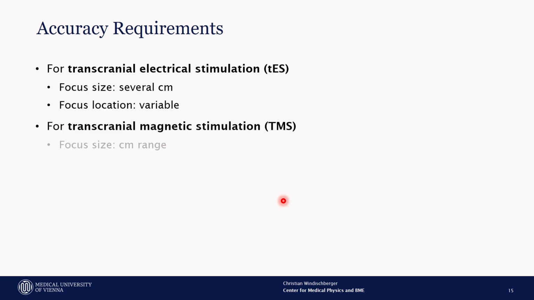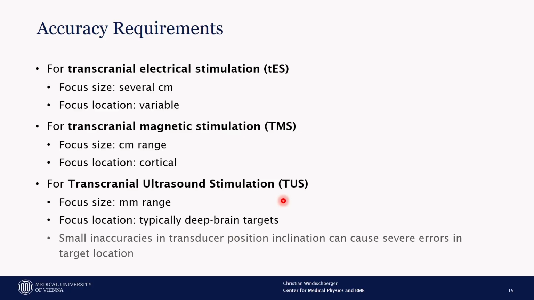If you take a look at TMS, transcranial magnetic stimulation, focus size is around a centimeter or so, and your focus is on a cortical area. Now, for ultrasound, the focus size can be a lot smaller. It's typically in the millimeter range. So depending on the configuration of your transducer, you can have focus sizes of 5 millimeter or even less.